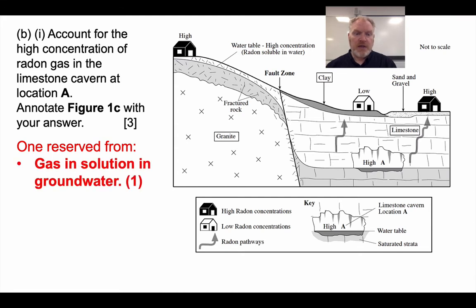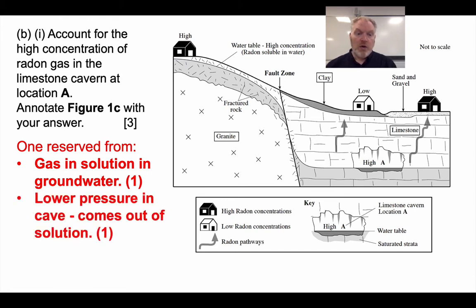The fact that gas is in solution in the groundwater is a reserved mark, or there's lower pressure in the cave. So as the water flows into the cave, pressure is released and the gas can come out of solution. You need one of those two marks to get full marks for this question.